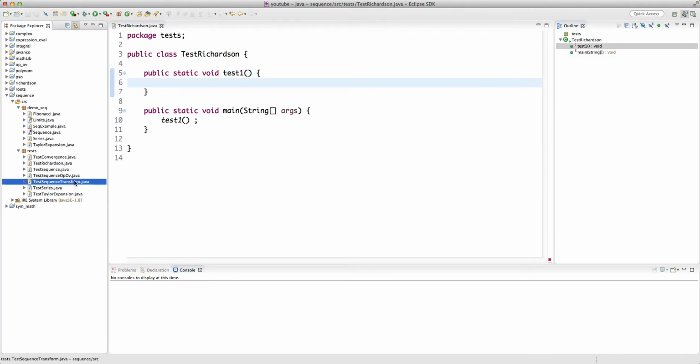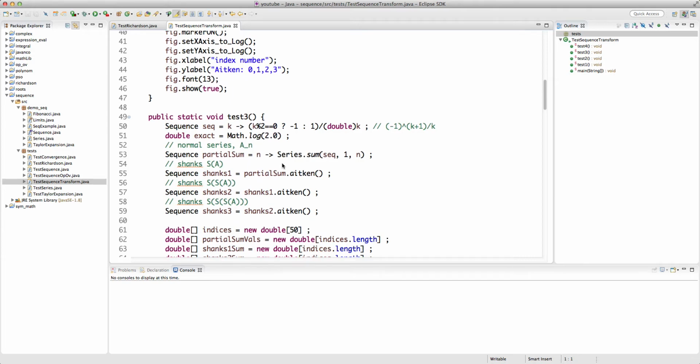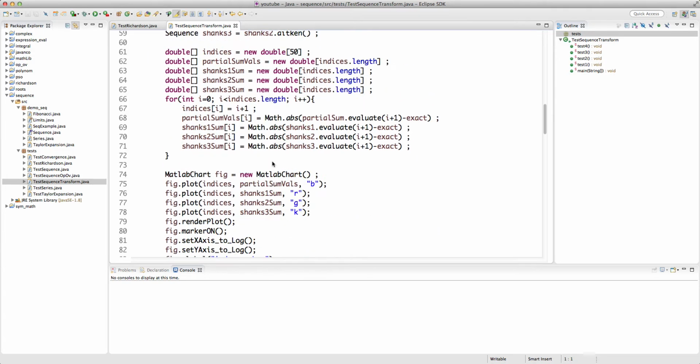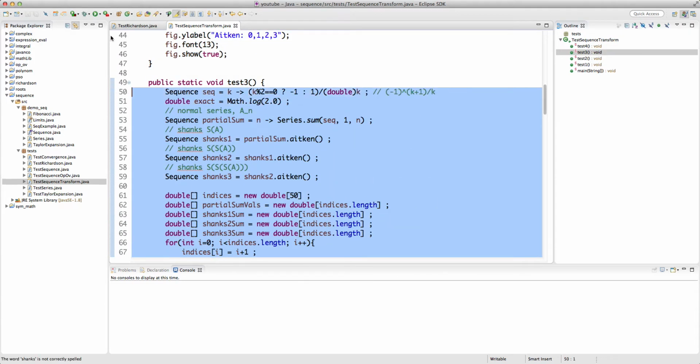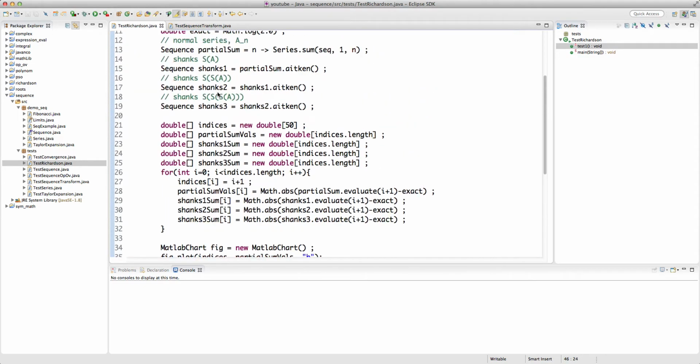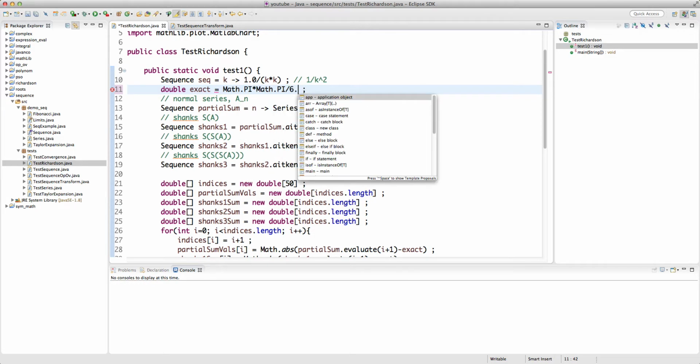So in order to do that, I'll go back to our basic code that we had before, and let's copy this code here. Let's change the sequence to 1 over k times k, all right? So we're looking at the 1 over k squared sequence, and the exact result is Math.PI times Math.PI over 6, all right?